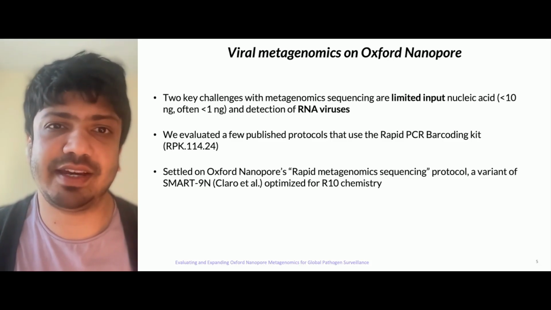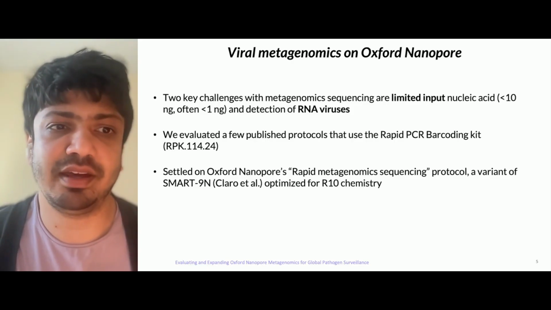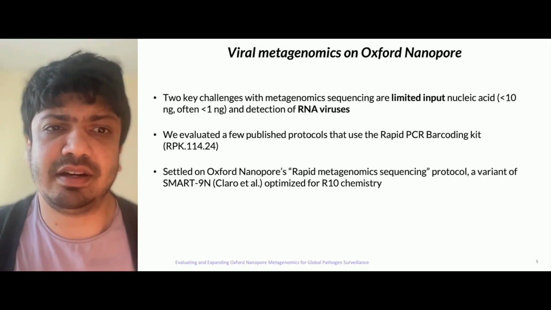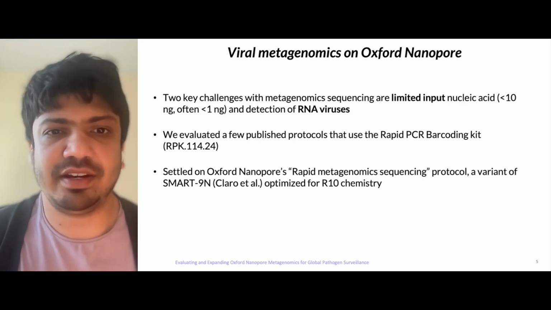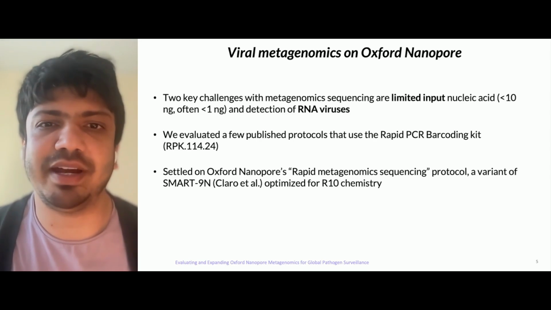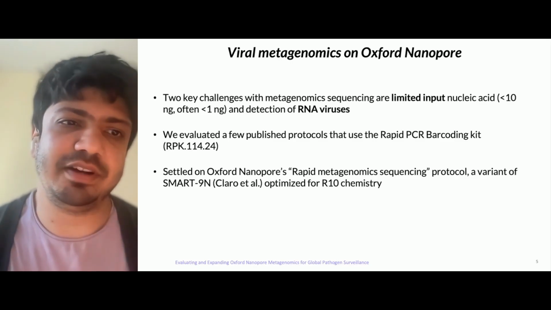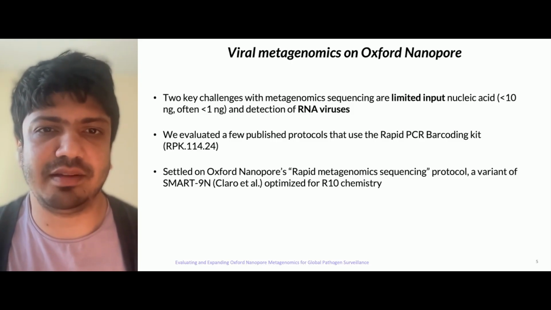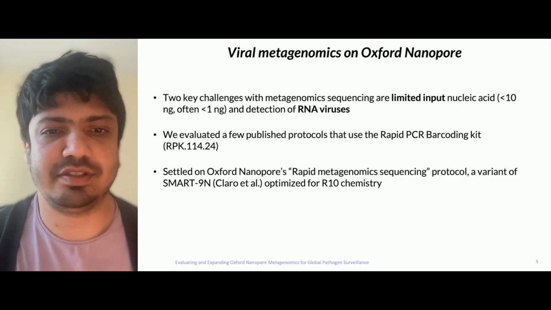A PCR step is essential because of the low input amounts we are working with. Early this year, Oxford Nanopore came out with their own variant of this rapid metagenomic sequencing protocol, which is built off of a previously published SMART-9N protocol. This is the one we've been using now since it's really optimized for the newer R10 chemistry.